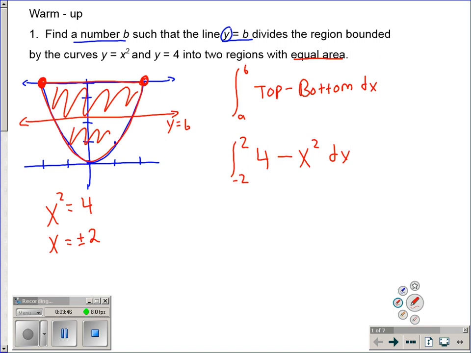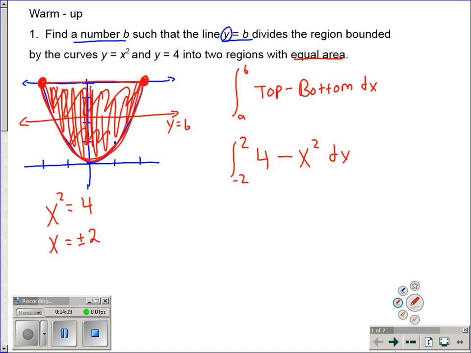Now, I don't know how much detail I went into with this yesterday, but something I want to clarify is that the area of this function is symmetric about the y-axis, meaning that the area from negative 2 all the way to 0 is equivalent to the area from 0 all the way to 2.